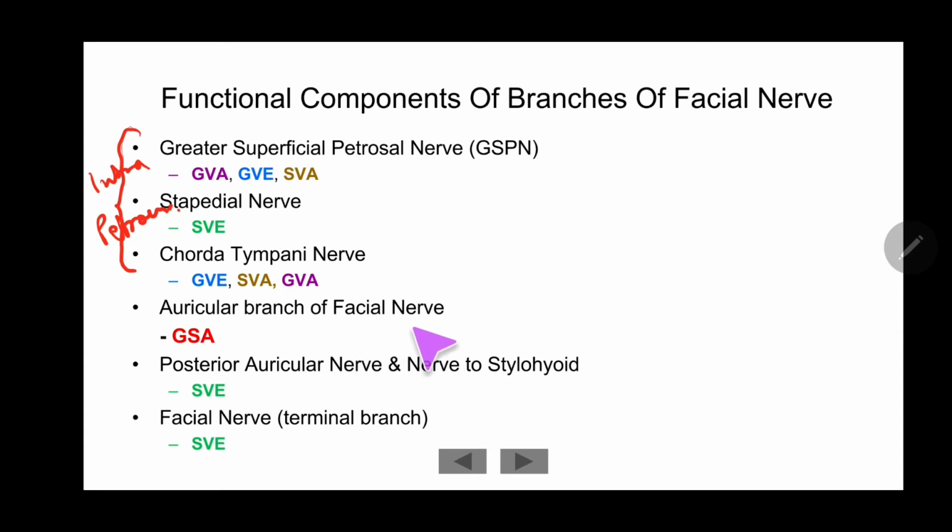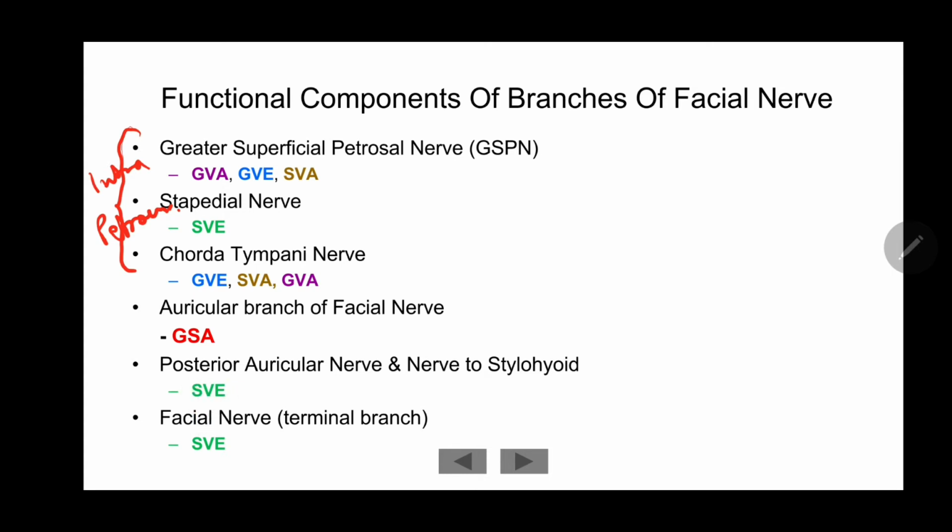So the auricular branch of the facial nerve carries general somatic pain, temperature, and touch sensation from the external auditory meatus. That was this functional component. Now the motor component for the second branchial arch is branchial efferent or special visceral efferent. This is for the muscles.